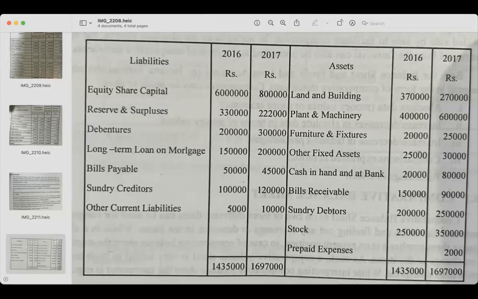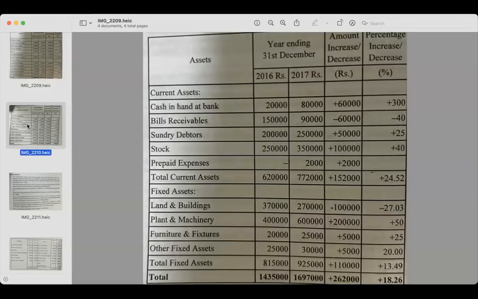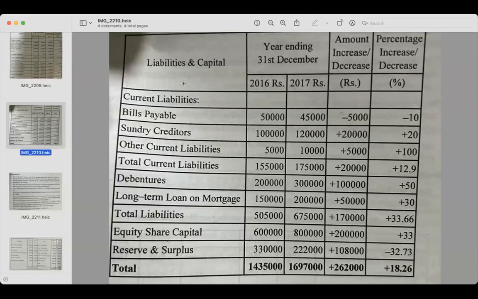This is the problem. Column 1 is liabilities, 16 and 17. These two columns are taken together as one column here in your solution. Liabilities, 16 and 17.